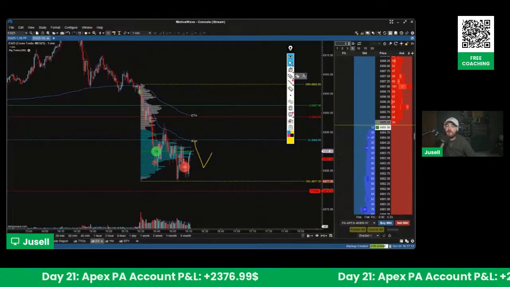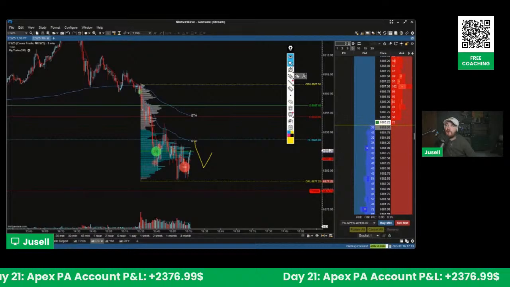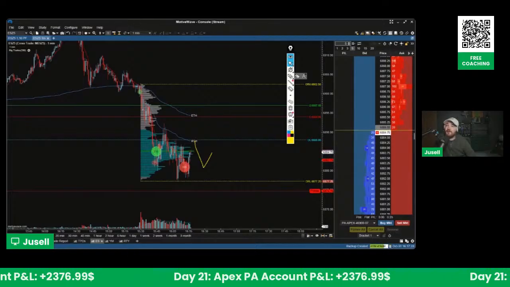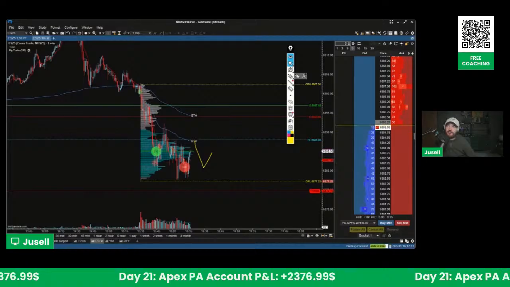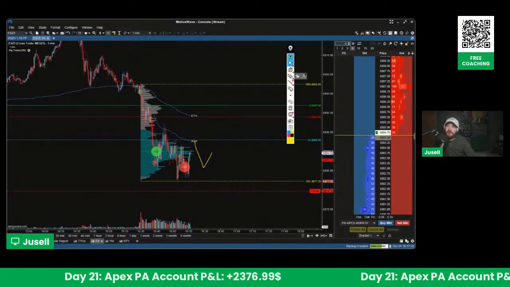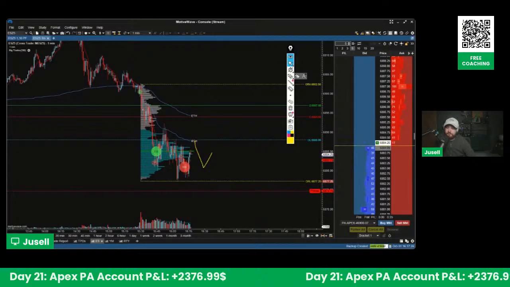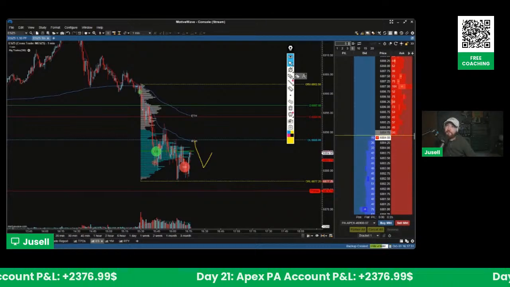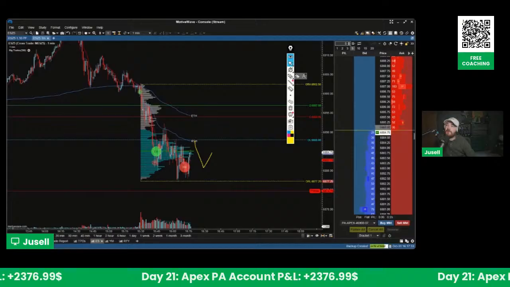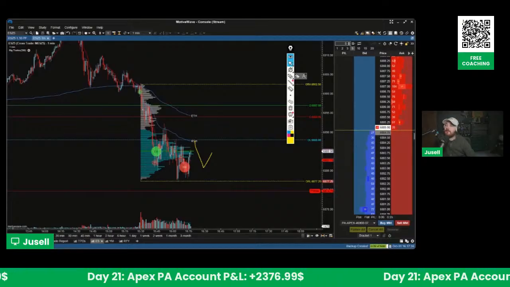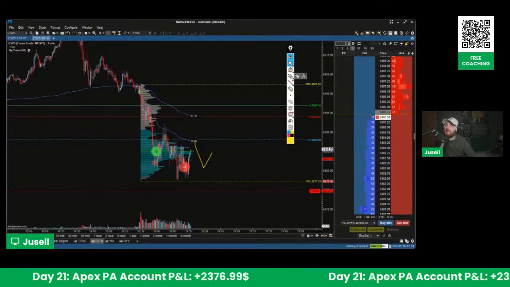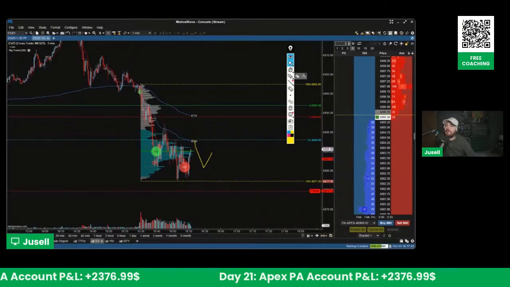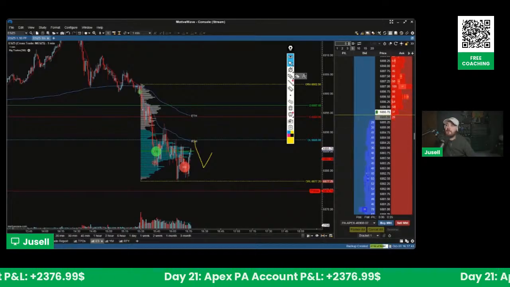So looking like probably a pretty slow close today. There might be some moves at the end of the session, but I think this lunchtime algo hour, whatever you like to call it, is probably gonna be more or less just choppy. Do we have any earnings today? Let's see. Some smaller companies.